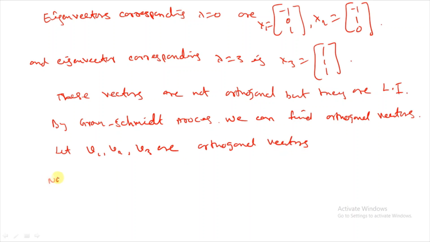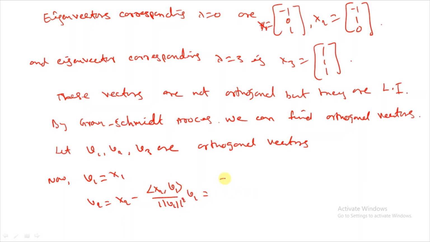Generally we take u1, u2, u3, here x1, x2, x3. So v1 equals x1. Now what is v2 equal to? v2 equals x2 minus the inner product of x2 and v1 divided by norm v1 square, into v1.